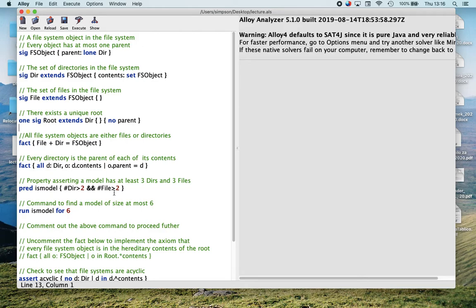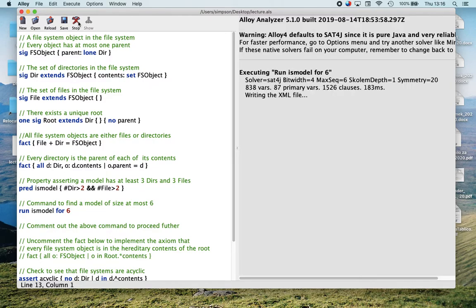So of course, if it's going to have 3 directories and 3 files, and since a directory cannot be a file, we had that as an axiom here, then it's going to have exactly 6 elements. But anyway, can we actually satisfy these axioms and find a structure with 6 elements in it, 3 directories and 3 files? So to do that, we say execute.